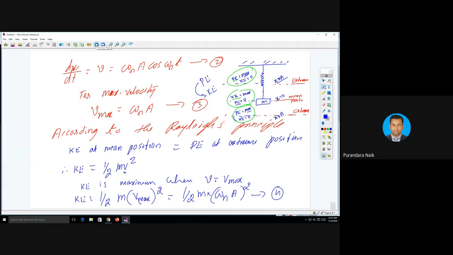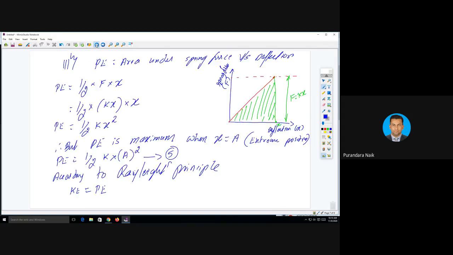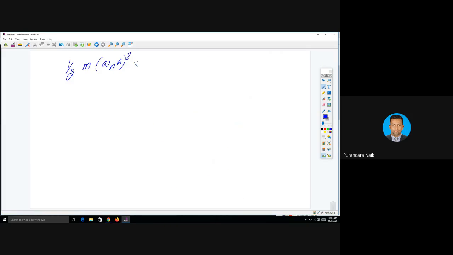Kinetic energy half into m omega n A square is equal to half into K A square. Correct?